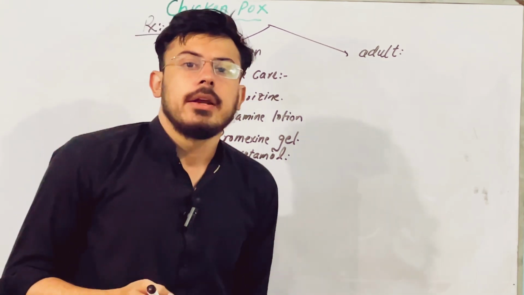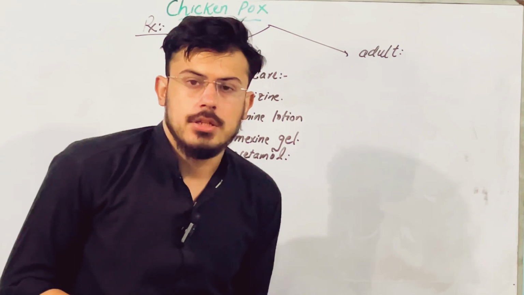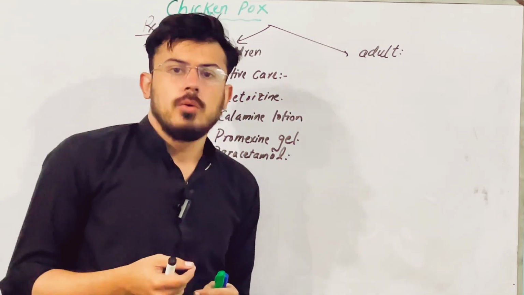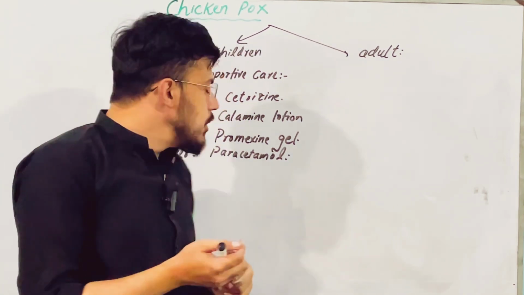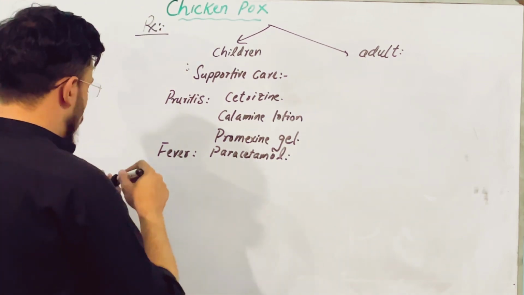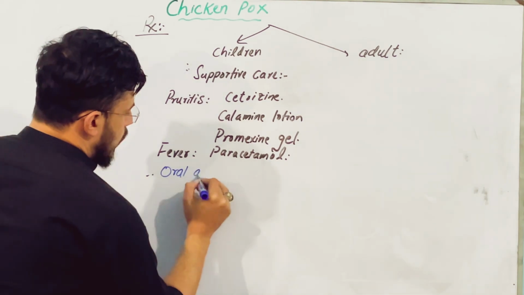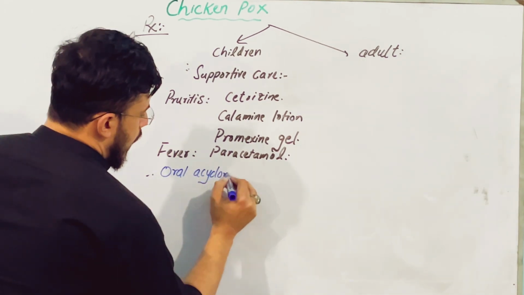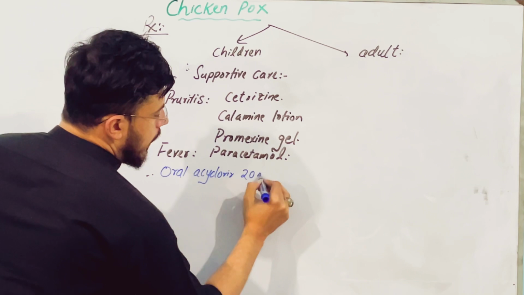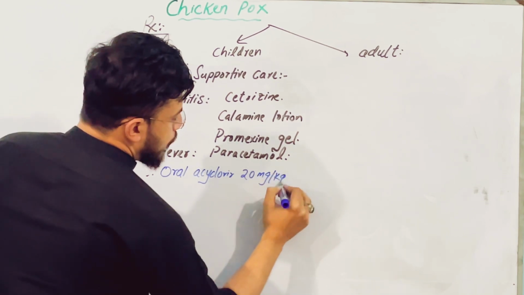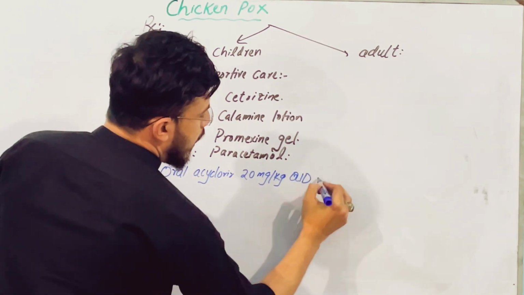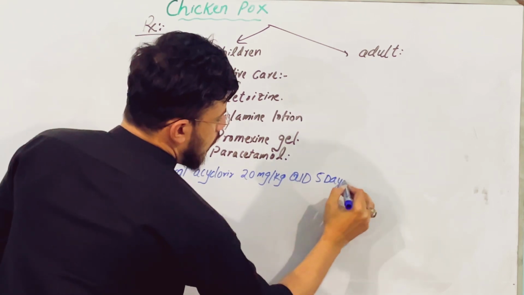If the child is at high risk of complications, then we can give antiviral therapy. In that condition, we can give oral acyclovir, and the dose is 20 mg per kg QID for 5 days.